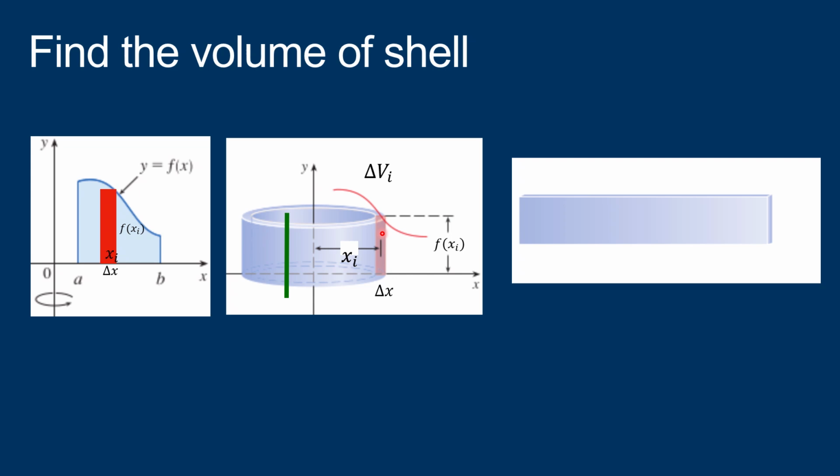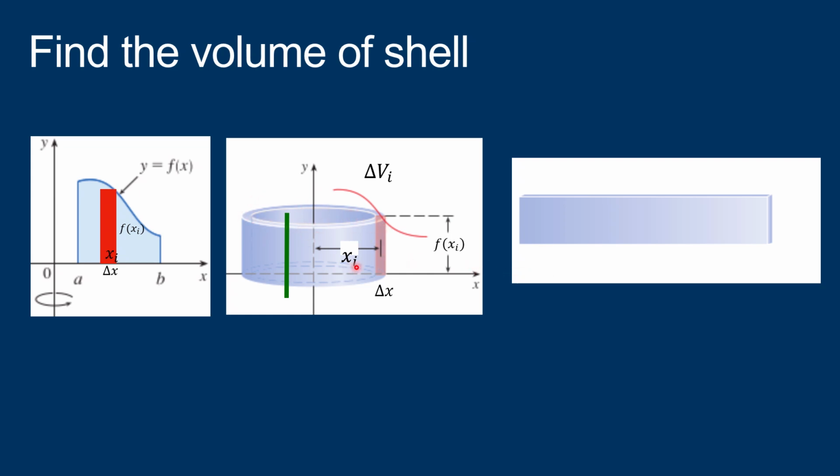So how are we going to find the volume of this rectangular box, guys? We have to find the length, the width, and the thickness. The length is going to be the circumference of the top.